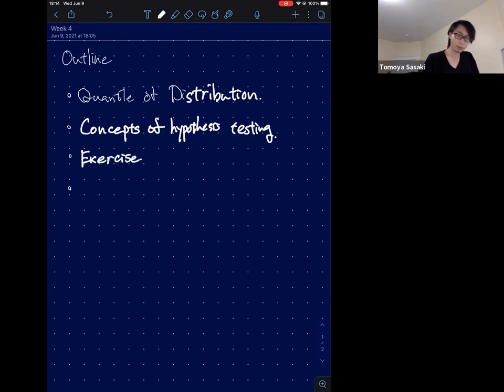I hope you already received my recitation note, but there are some exercises on the note. I would like to do those exercises in the breakout room. They are all related to some important concepts in hypothesis testing and the actual math and derivations. And then if I have some time, I would like to talk about p-values in detail.